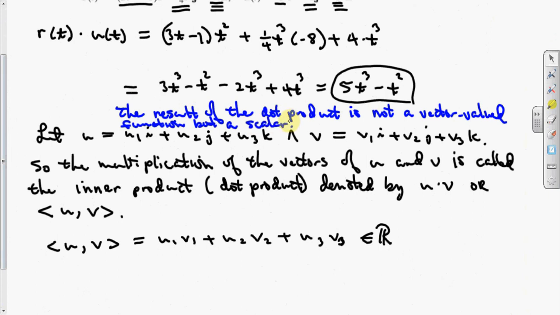It's a number. The scalar is just a number. Okay. Any other questions?